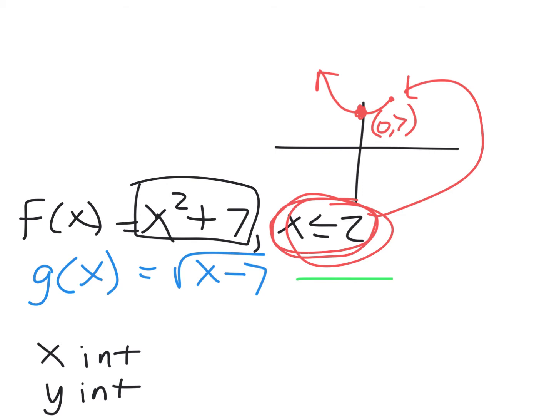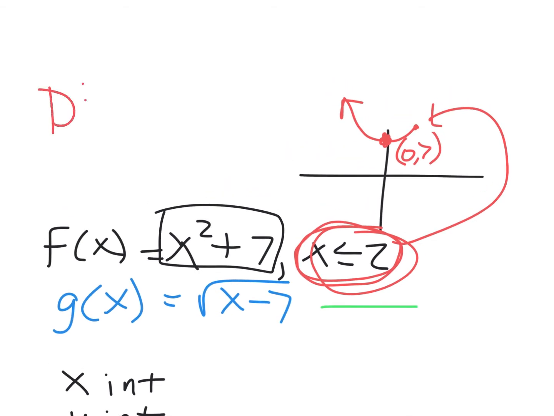Can you tell me the domain and range of f inverse? What? That's the inverse. So this domain just becomes the range. And it would be x is less than or equal to 2.